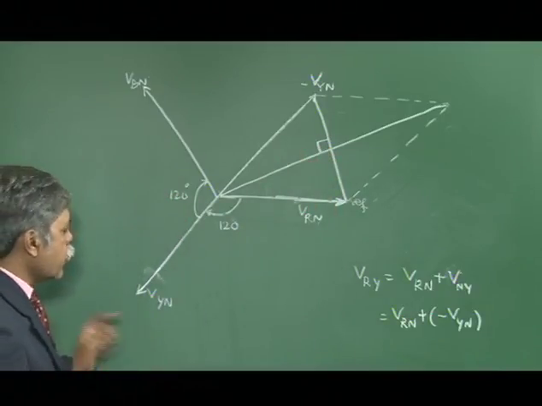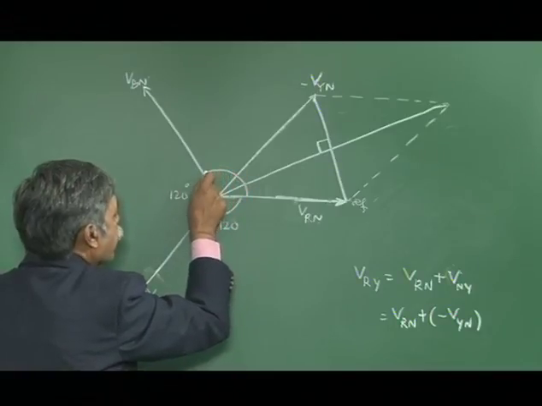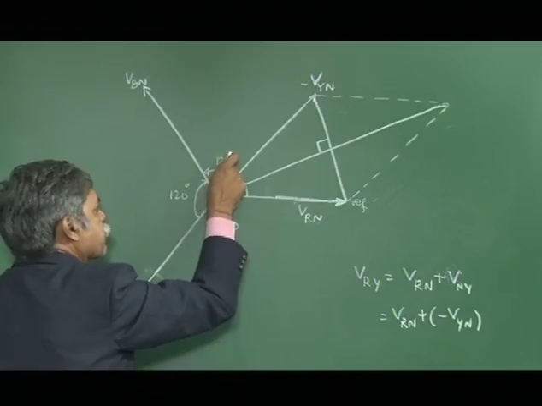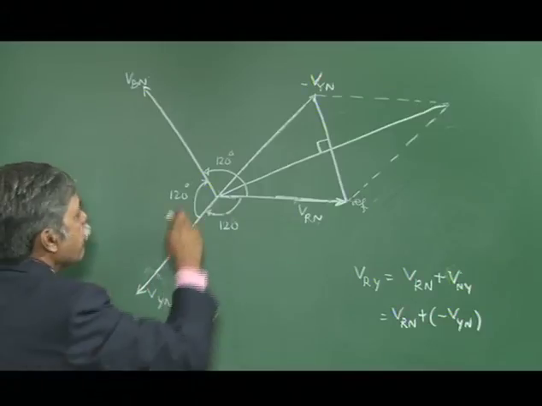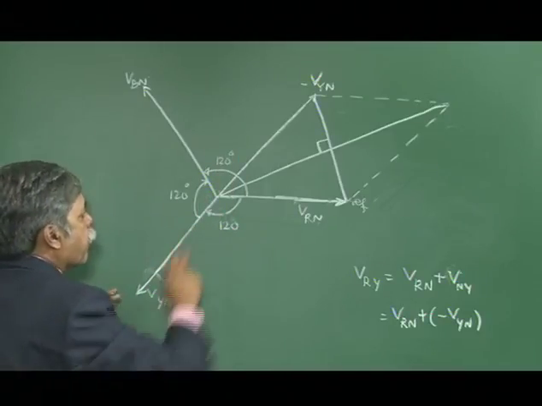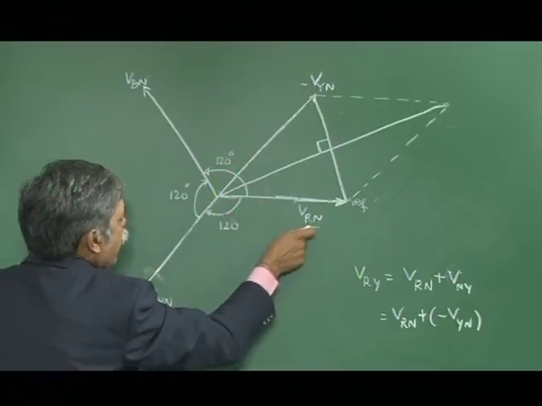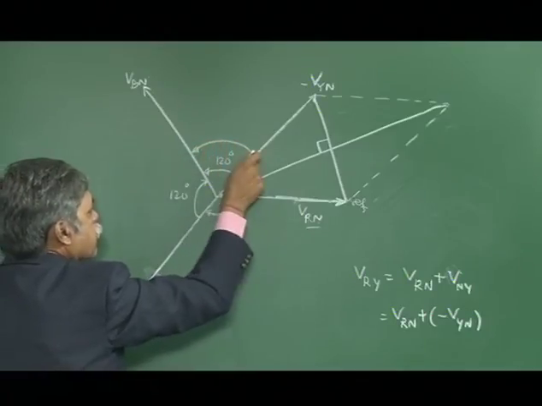Now you see here the angle between VRN and VBN is also 120 degrees. Now when I invert or rotate the vector VYN by 180 degrees, the 120 degrees between VRN and VBN will get bisected. So this becomes 60.